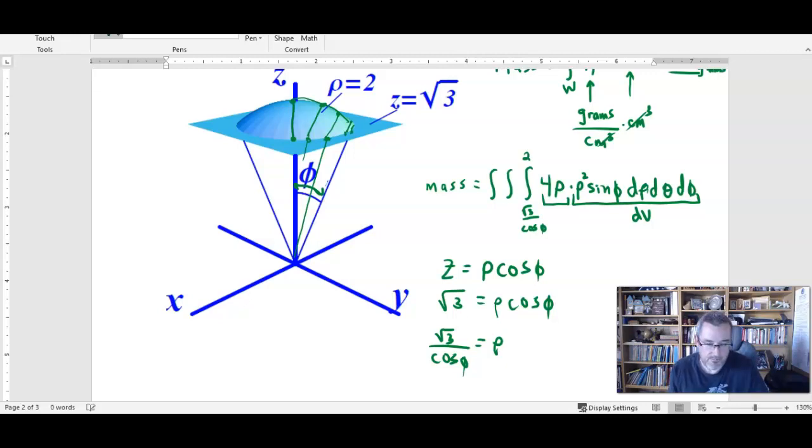All right, now, let's think about theta for a minute. How do we think how theta changes? Well, theta is, as it was in cylindrical coordinates, as it was in polar coordinates, theta is still, from the positive x-axis, the amount of rotation around this way. This is what is measuring theta.